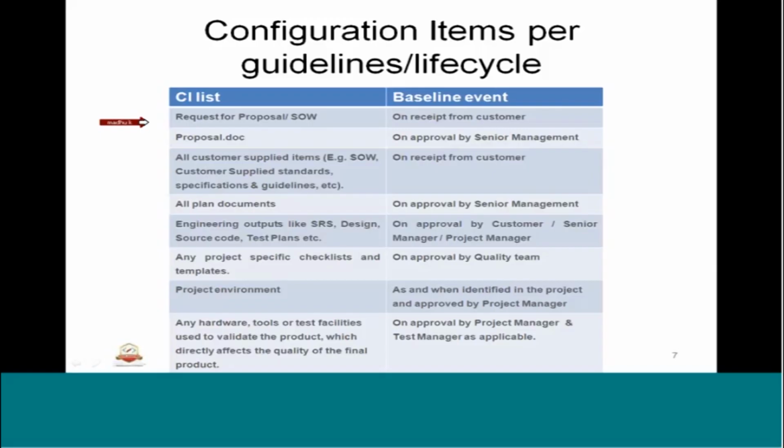All of this will be configurable, because there could be a change over a period. So definitely change control has to happen, and those should be part of the CI. The event is on receipt from the customer: we get a request for proposal, or RFP, or a statement of work from the customer. That itself is the baseline. We are going to baseline it, and we have a proposal.